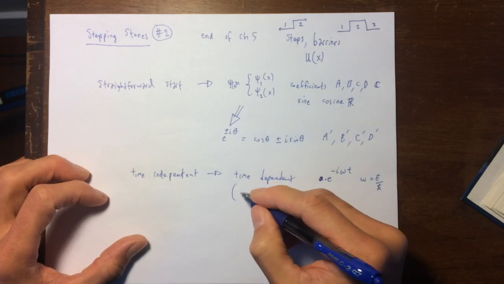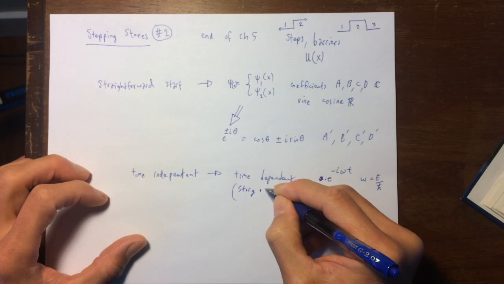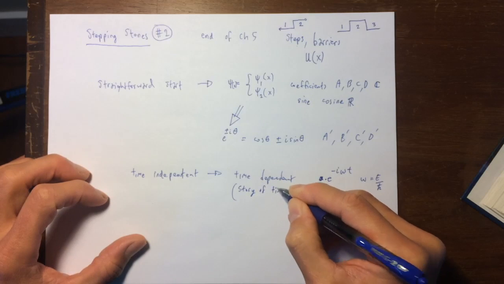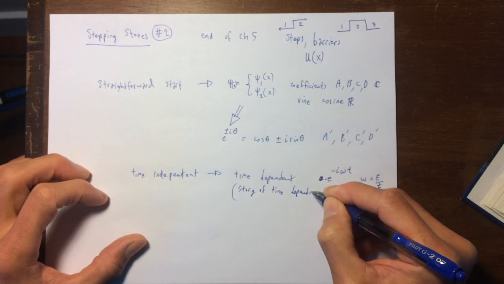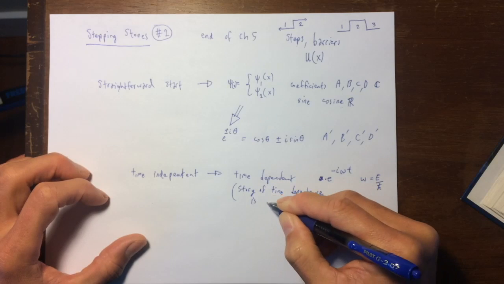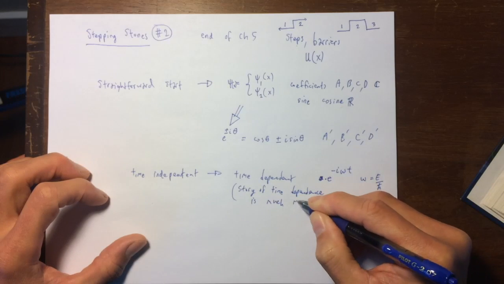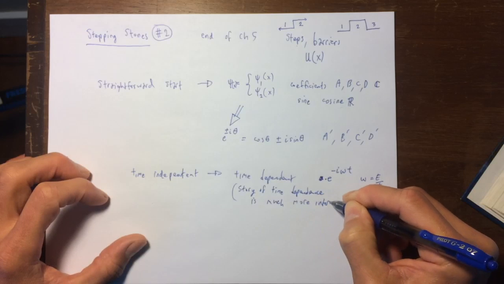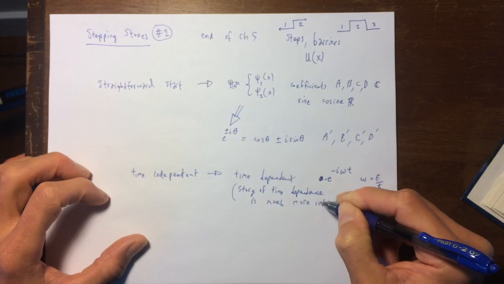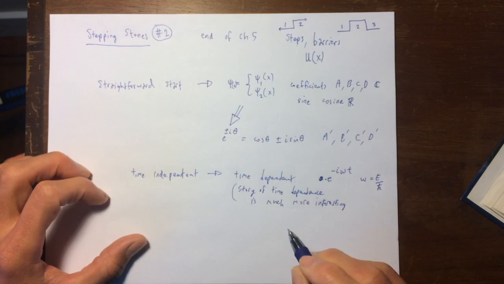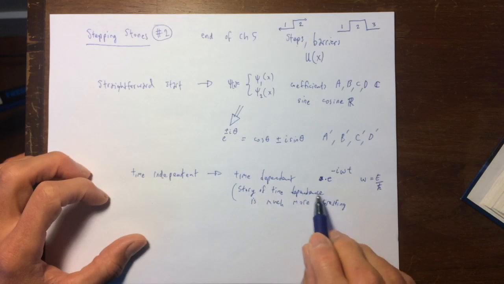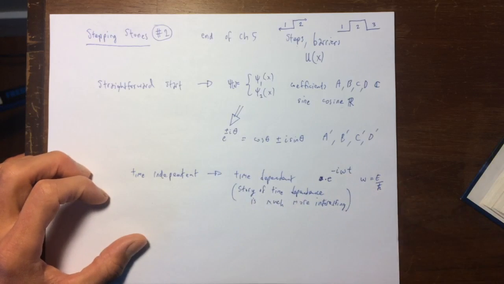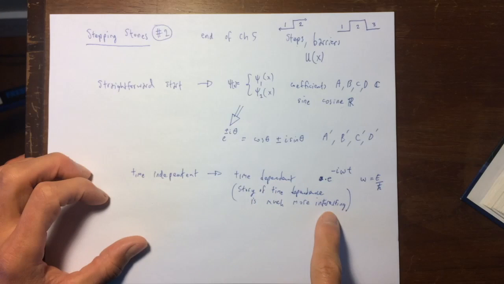The truth is the story of time dependence is much more interesting than what I'm saying, and in the future of your physics learning, you will likely have to resolve this for yourself.